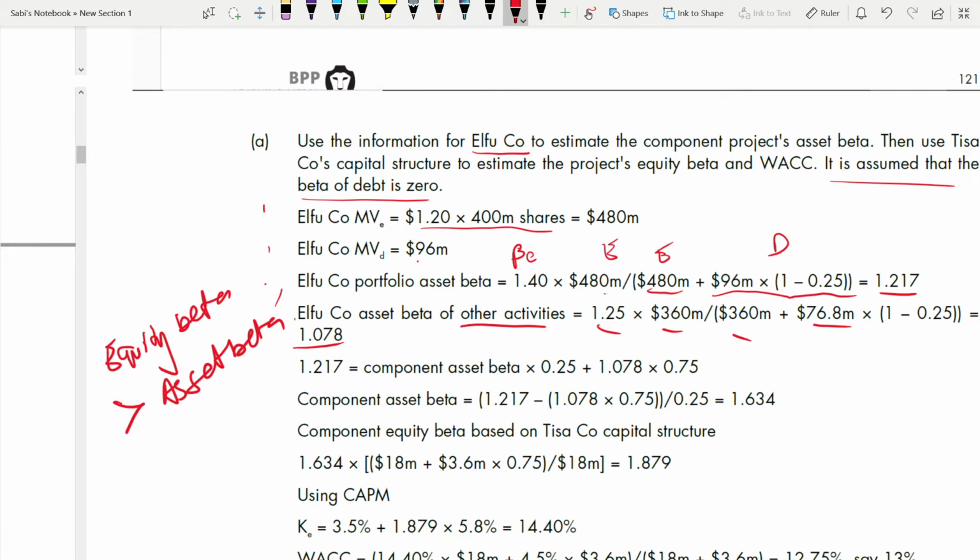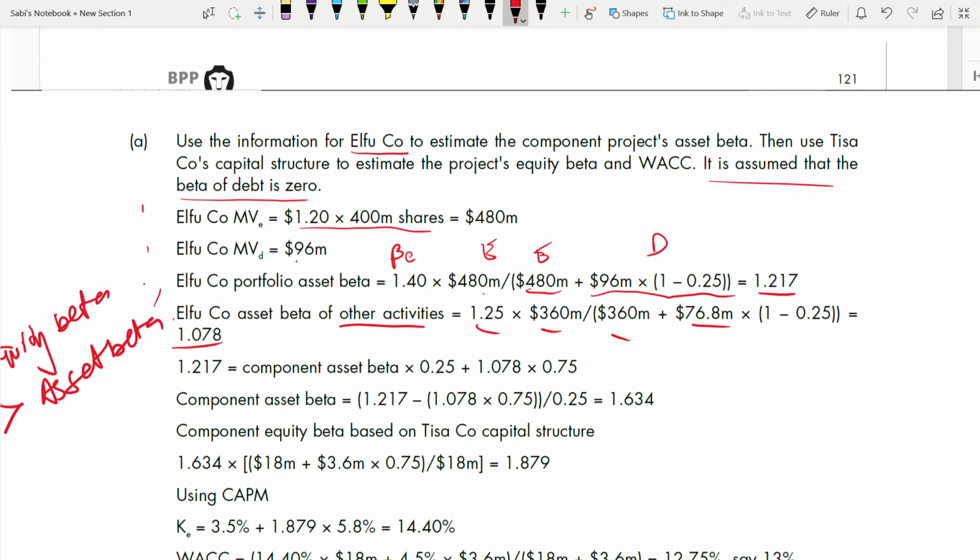Under no condition can your equity beta be less than your asset beta. First you have to compare that. Just check here. This is your equity beta. What is this? This is your asset beta. Your equity beta was 1.4. Asset beta is 1.217. It is less. It has to be less. So that means you are correct.